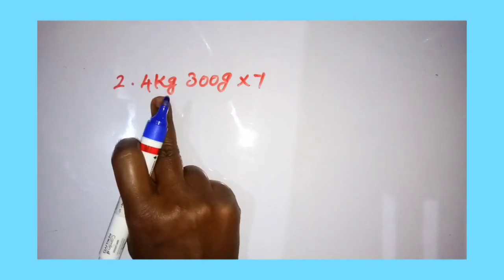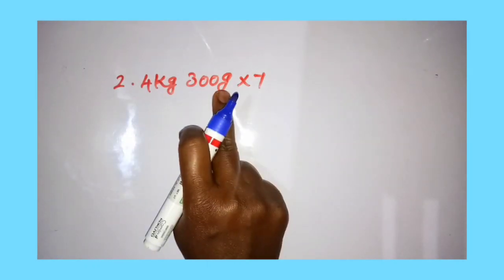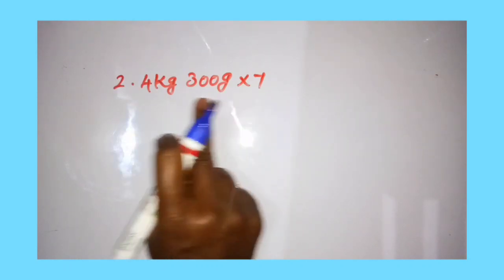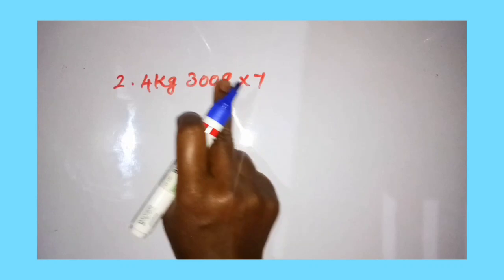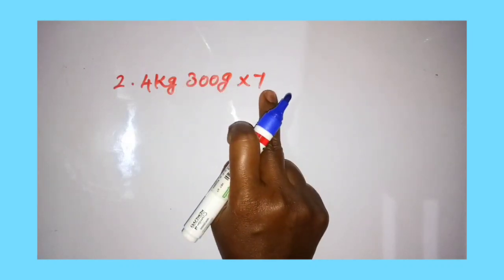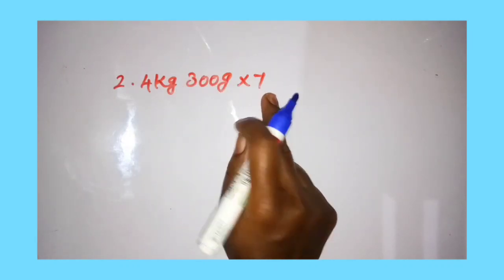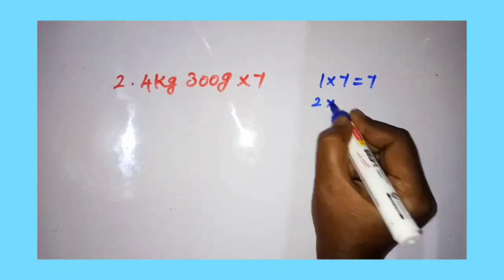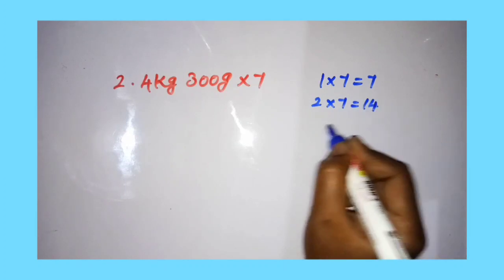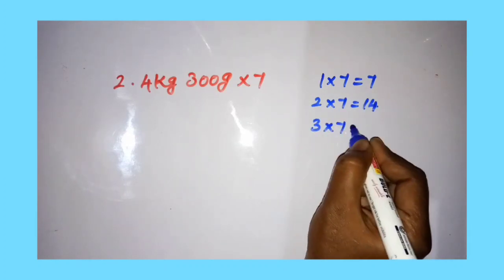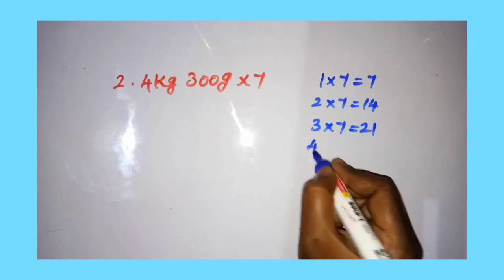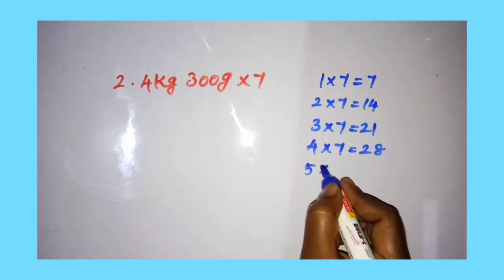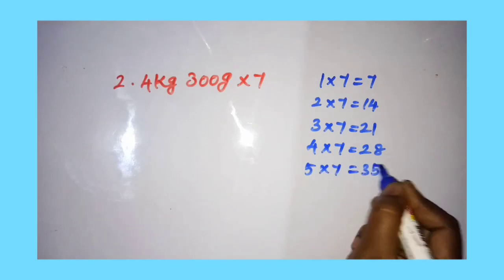Second question, 4 kilogram 300 gram into 7. So the sum is multiplication. We have to multiply the value by 7, so first we write the 7 table. 1 seven is 7, 2 sevens are 14, 3 sevens are 21, 4 sevens are 28, 5 sevens are 35.